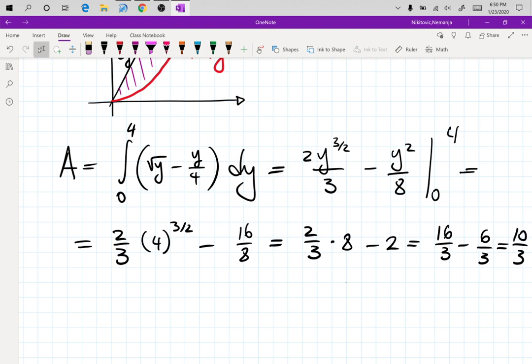Because square root of x is x to the 1/2, and 1/2 is 0.5. So y to the 0.5 minus y divided by 4. You close the parenthesis, and then you just say from 0 to 4.